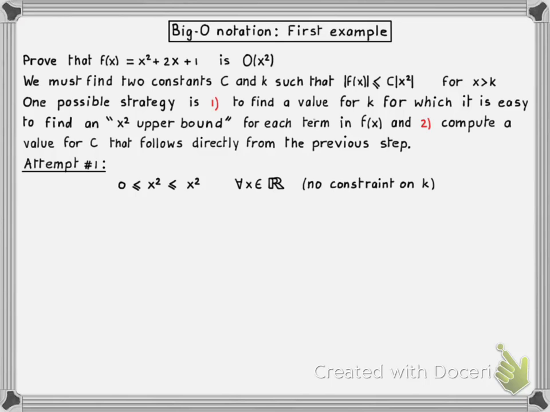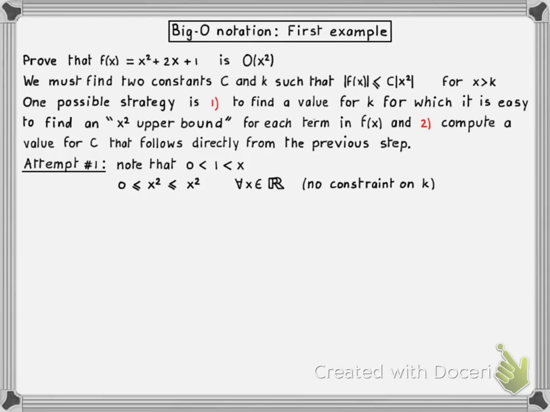Now, we're going to try to establish an x squared upper bound on 2 times x for x being large enough. So again, we're trying to find a value of k for which that upper bound holds. So we need to do a little bit of work to prove this second step. The first observation is that if x is greater than 1, then clearly 1 is strictly greater than 0, therefore x is positive.